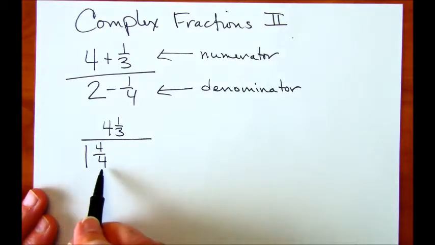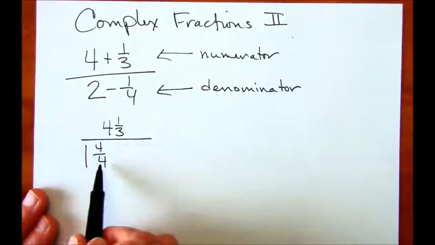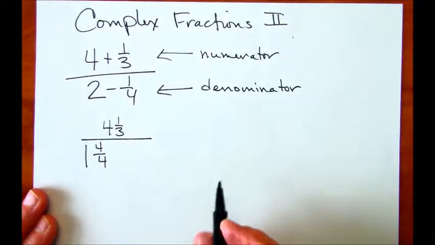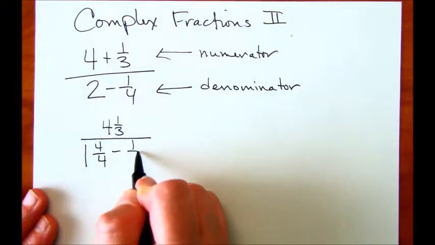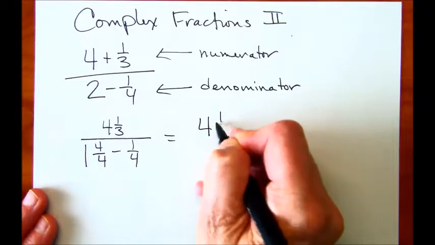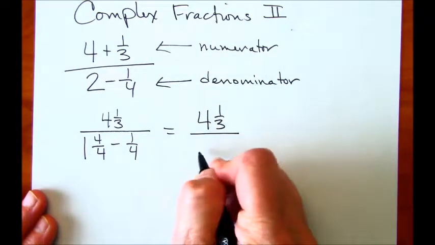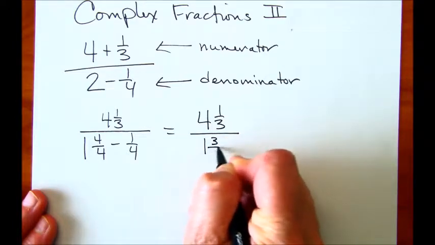So this 1 4/4 is really the same thing as 2, because 4/4 equals 1. 1 plus 1 is 2. Now I can take away 1/4. So I'm just going to rewrite the top because that's not changing, and then this will become 1 3/4.